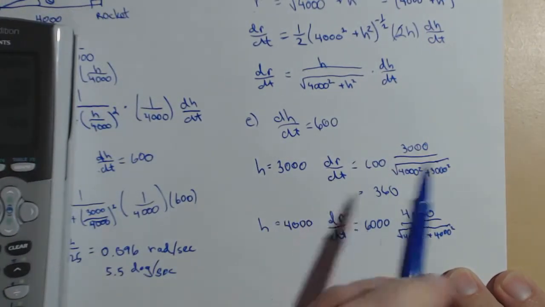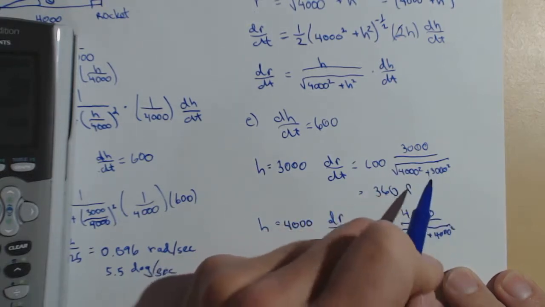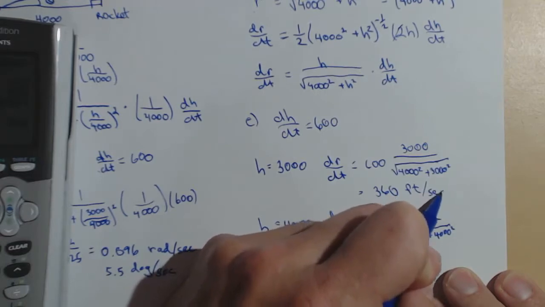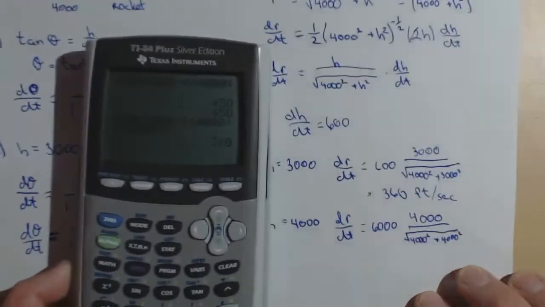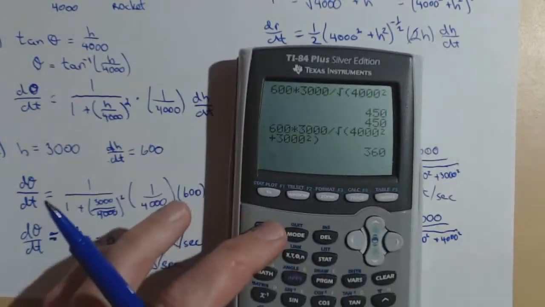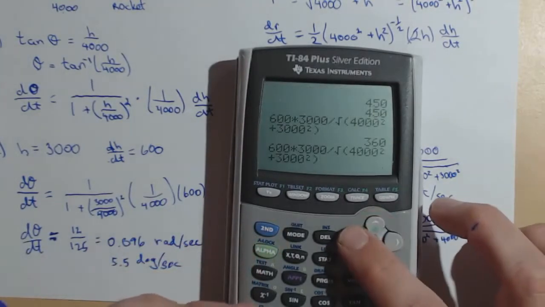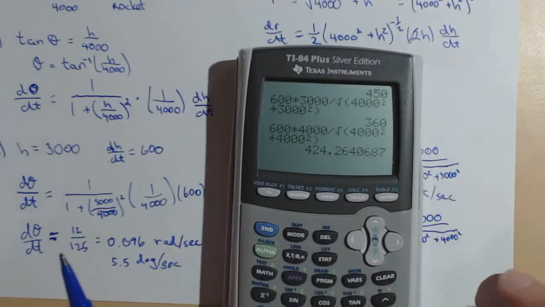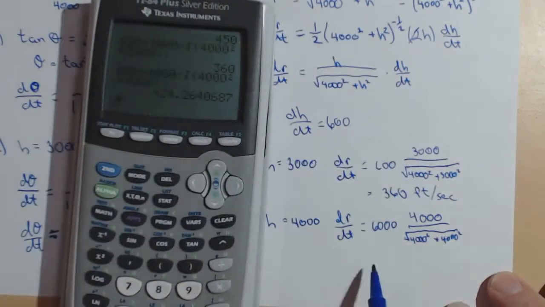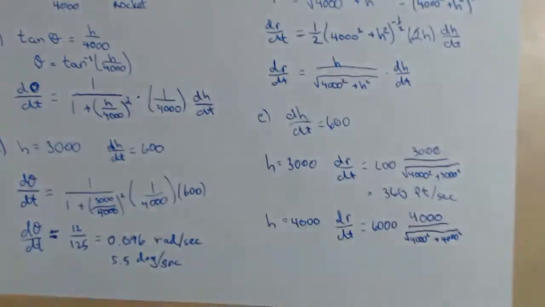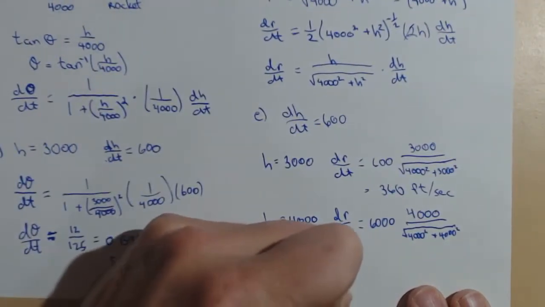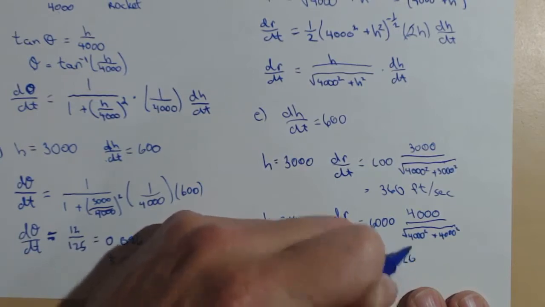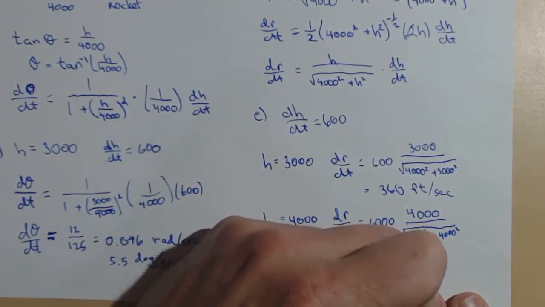So that is going to be equal to 360, and now our units on this, remember, dr/dt is going to be in the same units that we measured before for dh/dt, which is feet per second. Now at 4,000 feet, this is one of the nice features of the calculator, I can just do second entry and change my 3,000s to 4,000, and we see we get a little bit larger number at about 424.26 feet per second.